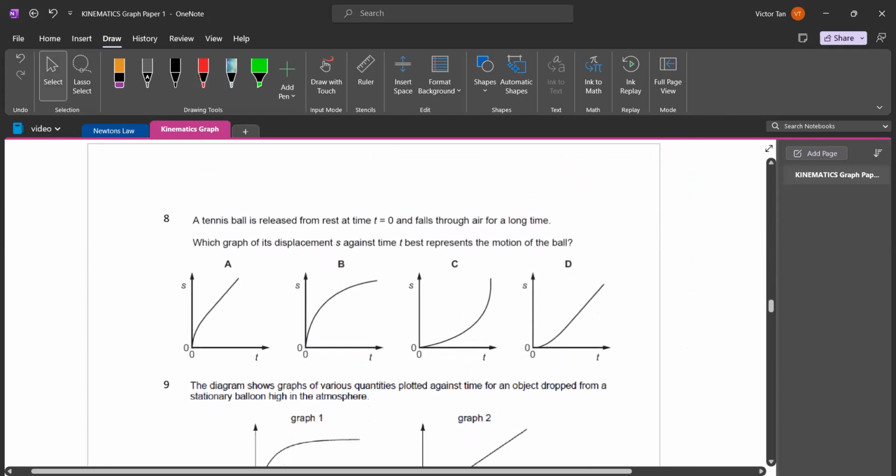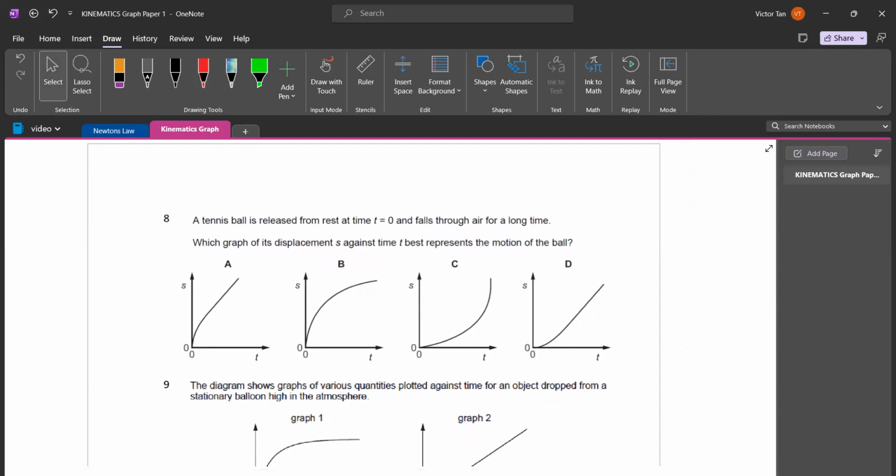We're going to do a few questions only today. The tennis ball is released from rest at time t equals 0 and falls through air for a long time. Which graph of its displacement against time t represents the motion of the ball? So the important word is air. So it is terminal velocity. But this is a displacement-time graph.